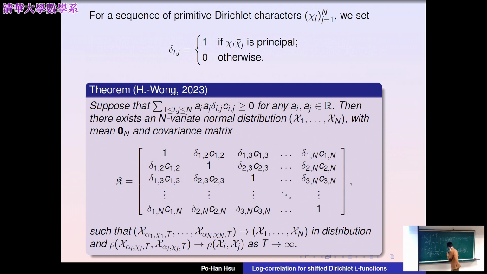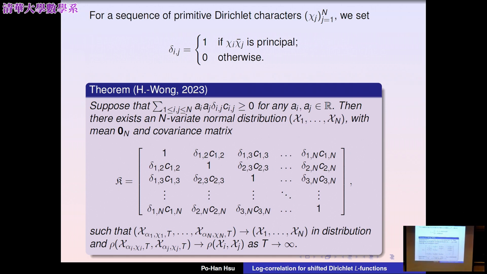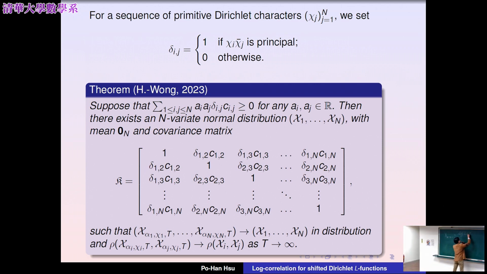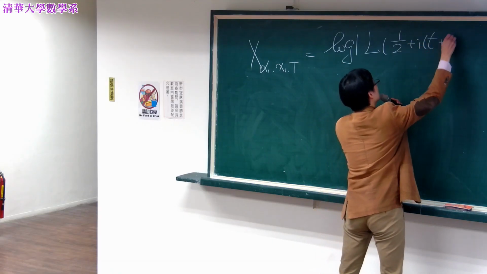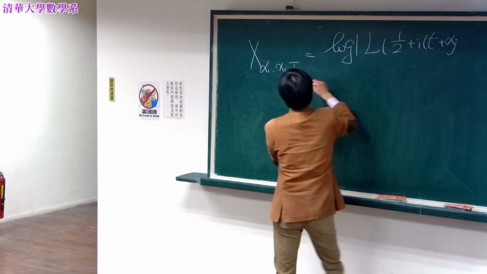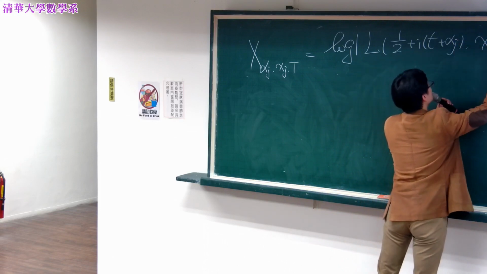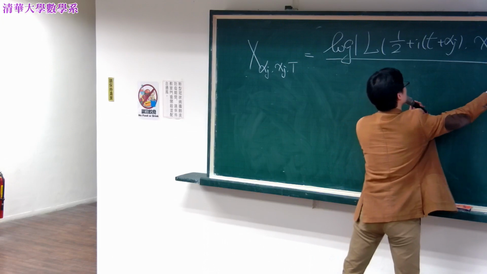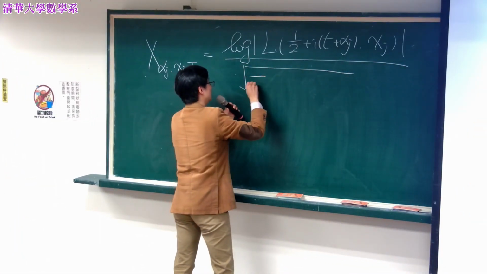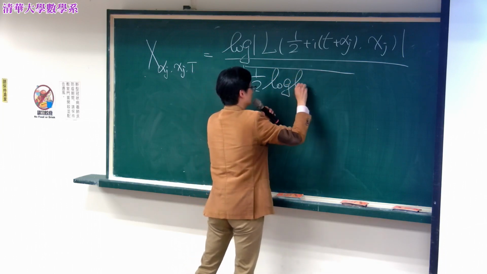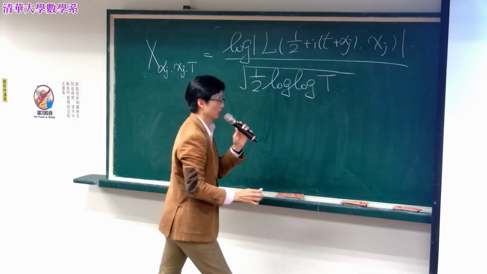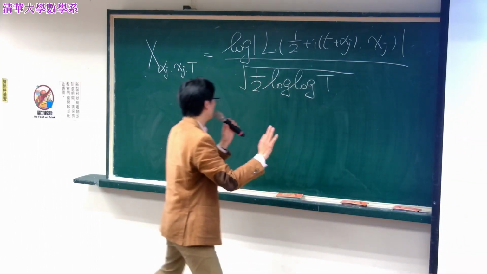So this stuff looks very scary. It's actually the log of the Dirichlet L-function at half plus i t plus alpha j, comma chi j, absolute value, divided by this magical number, half log capital T. So each of these individual terms is one of these.